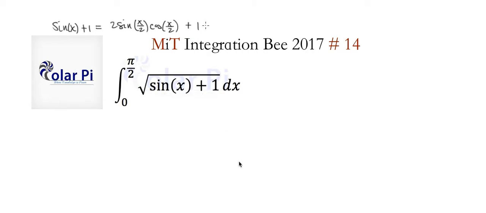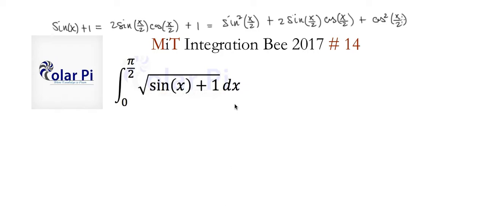And so what I'm saying is that we could write that 1 as sine squared x over 2, and then we got to keep this part, right? And then at the end, cosine squared x over 2. As I've already said, this guy and this guy combine to 1, and the rest is the rest, right? Okay, cool.